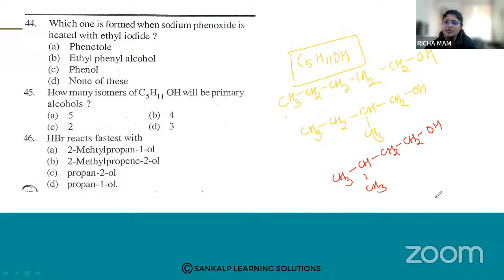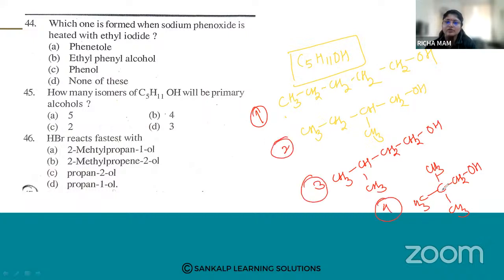Then another possibility is I can create a tertiary alcohol. So 1, 2, 3, and 4. The answer is 4. Yes, Vamshi Krishna, Varun, Yashwant, Sharad, Mehak, and Tasmiya have answered as 4.